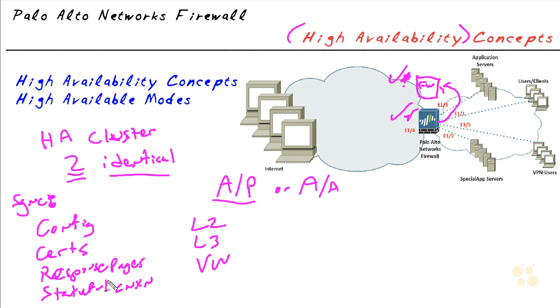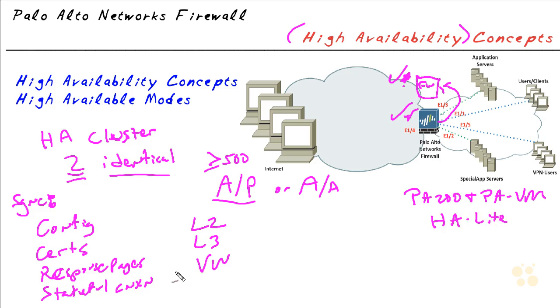Now, I suppose one other thing to point out, so small firewalls, so we'll say less than 500 right here. The PA200 and my PAVM models are only capable of what we call HA Lite.